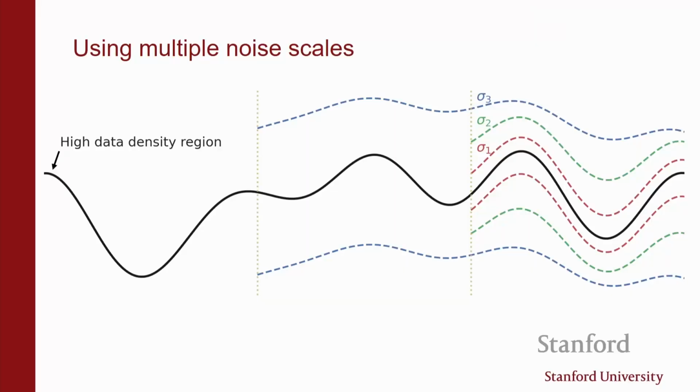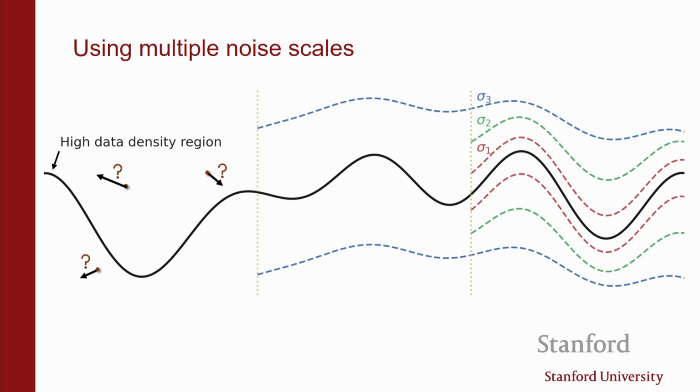So this is perhaps another way to think about it. Imagine that somehow the data lies on this curve, and this is just a curve in a 2D space. Most of your samples are going to be close to that thick line that we have here. And so if you were to estimate the score far away from the black curve, it's going to be fairly inaccurate.